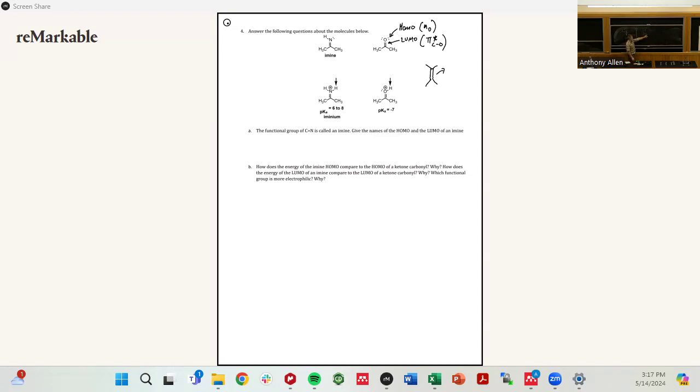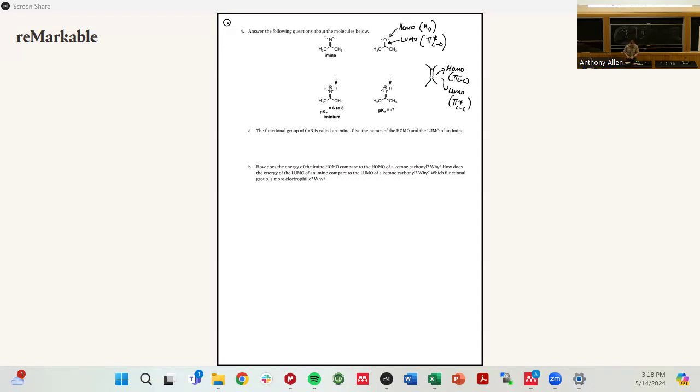So if you lost lone pairs, the next highest orbital is pi. So the HOMO of an alkene is pi CC. What is the LUMO? Yep, you still have a pi bond, so that's still the LUMO.